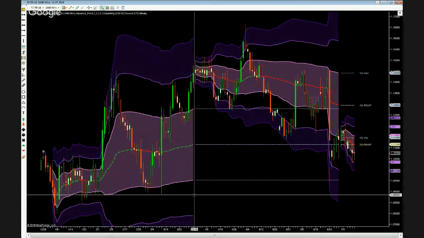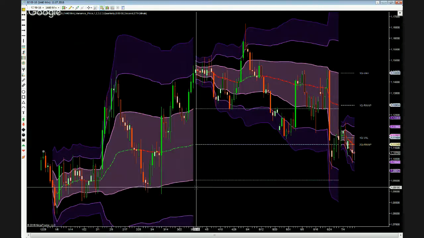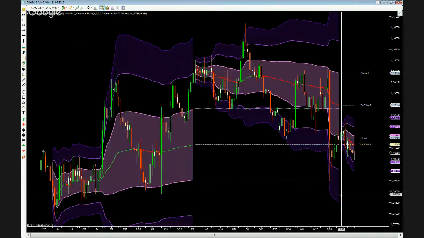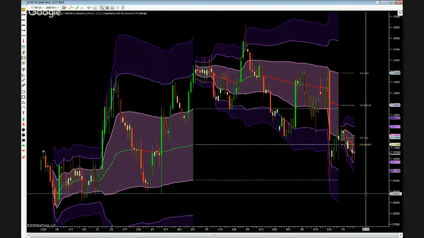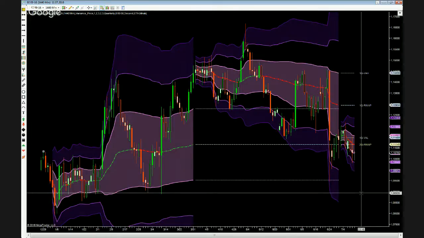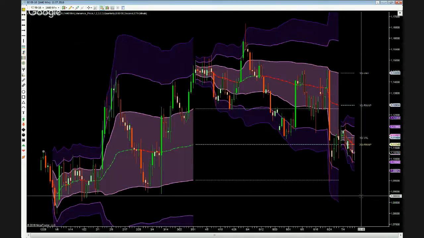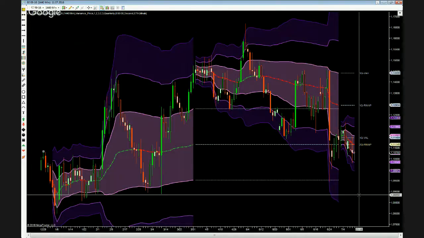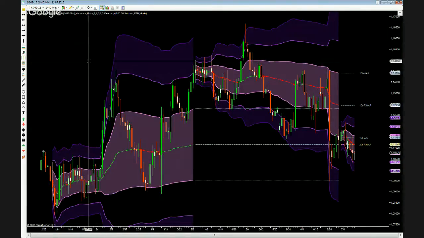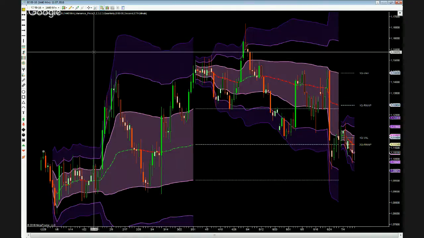So it's a good way to simulate volume data if you don't have reliable information on the volume, as it needs to be a centralized exchange in order for it to be reliable. So for the index futures and commodity futures and bond futures, that's of course not really a problem. But for Forex products, we recommend using this range-weighted average price, which is a part of this indicator package.